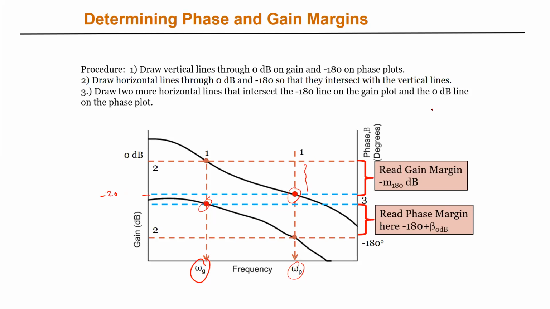So 20 log of the magnitude equals minus 20. What will be the magnitude? 0.1. Exactly, 0.1.